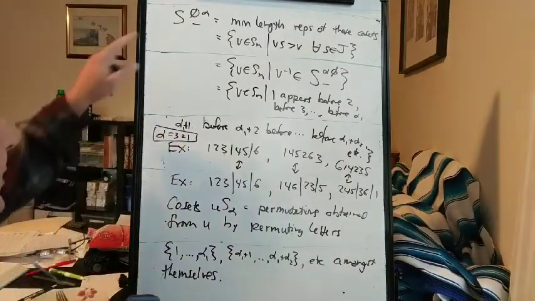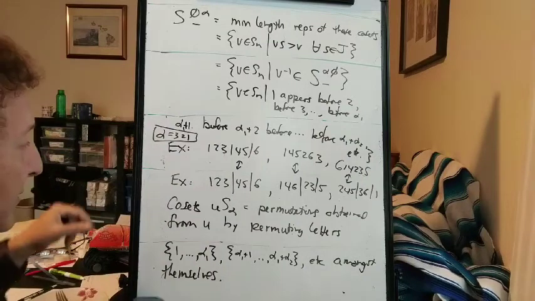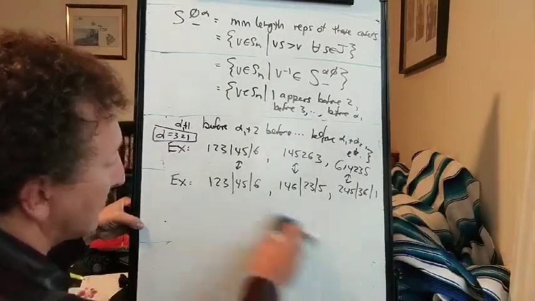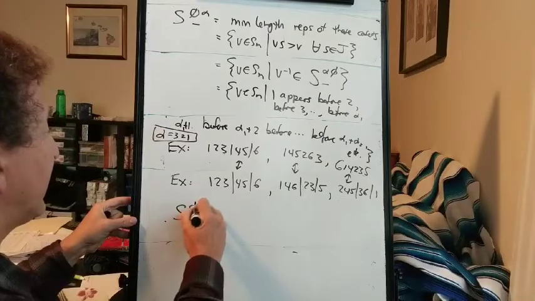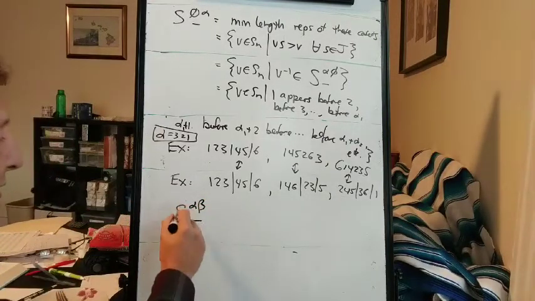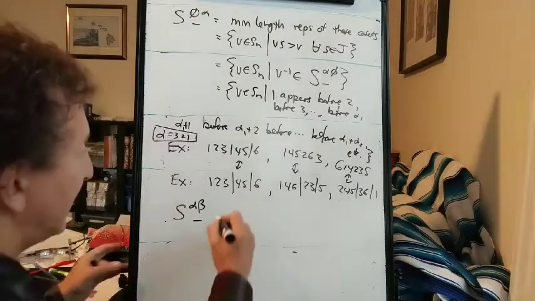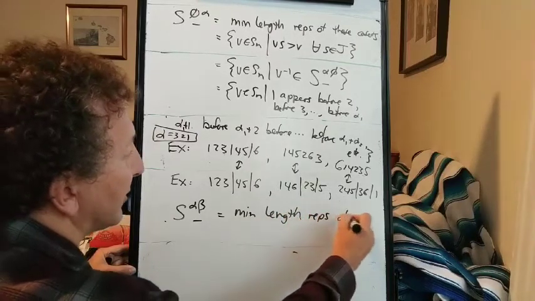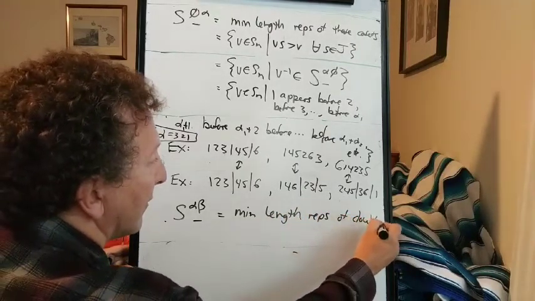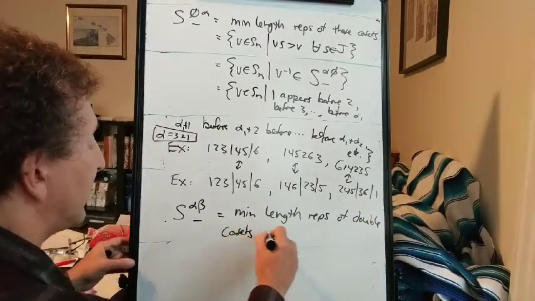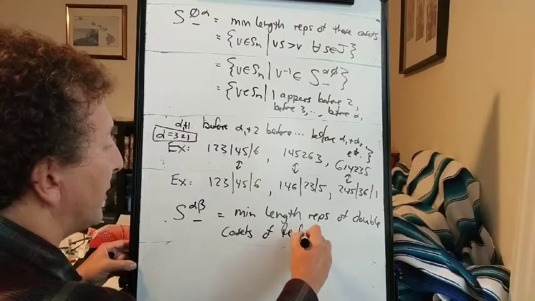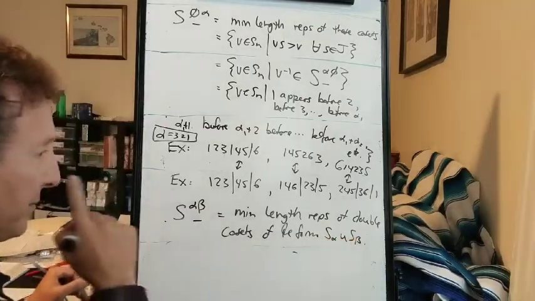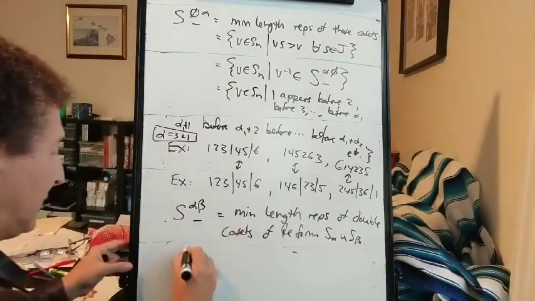Now if you're wondering what the empty set is doing in both of these notations, if we have two compositions, alpha and beta, S^{α,β}_- is the minimum length representatives of double cosets of the form S_α w S_β, but we won't really need these.